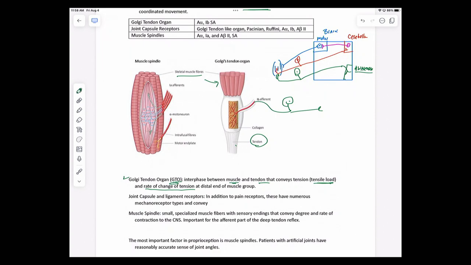So it's two very important things. One is the load, how much tension is there on the tendon, and the other is what is the rate of change. Both of those are really important to talk to the central nervous system so that it can then give you that, again, conscious sense of awareness, and also influence the motor function as well.